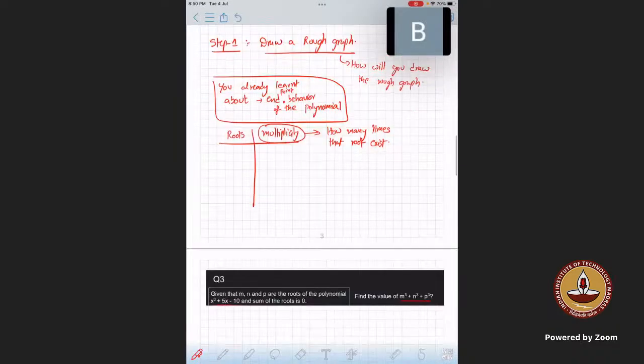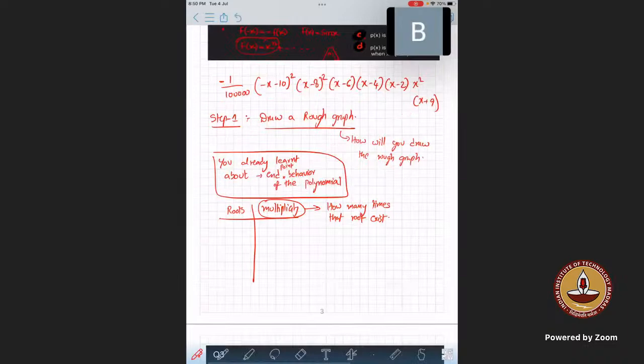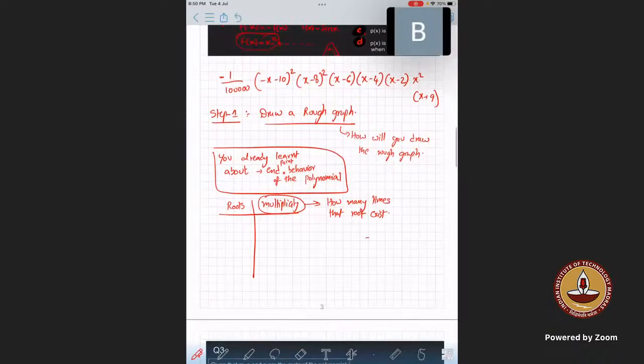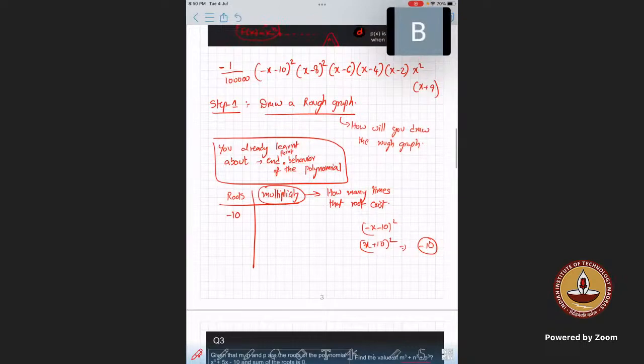Suppose we take this example: minus x minus 10 whole square, which is minus x plus 10 whole square. So what are the roots? Minus 10 is the root. And how many times is the root repeated? 2 times. Multiplicity is 2.